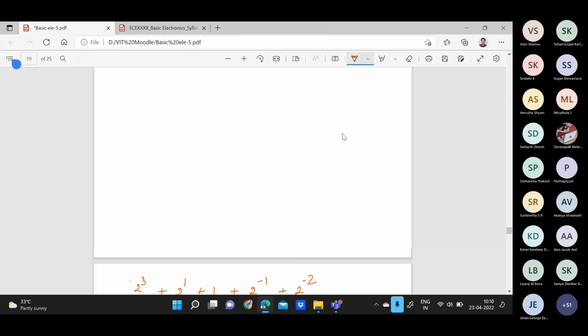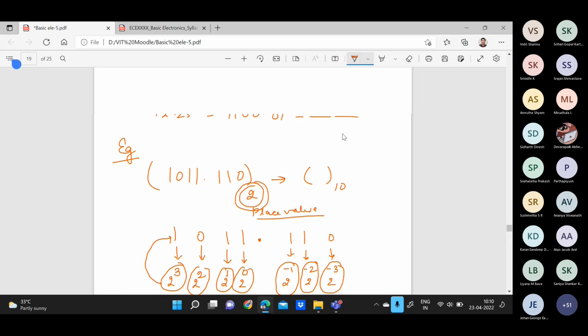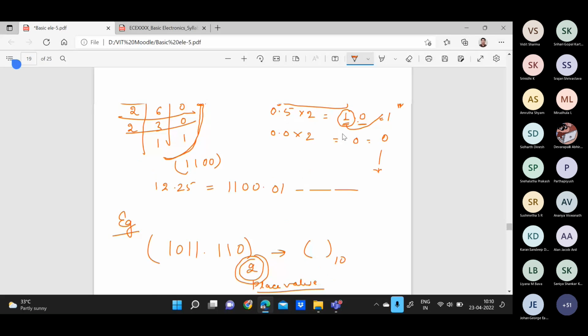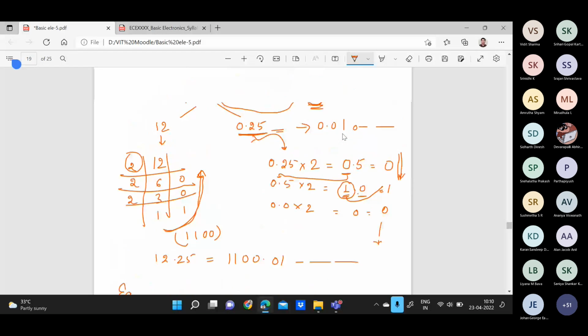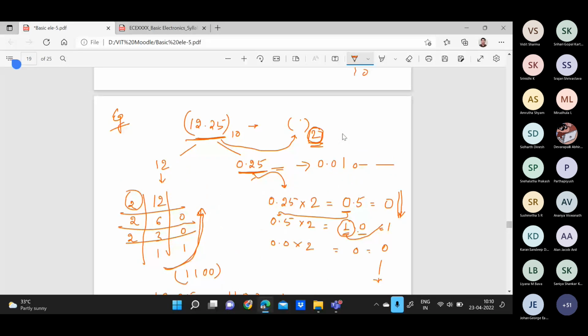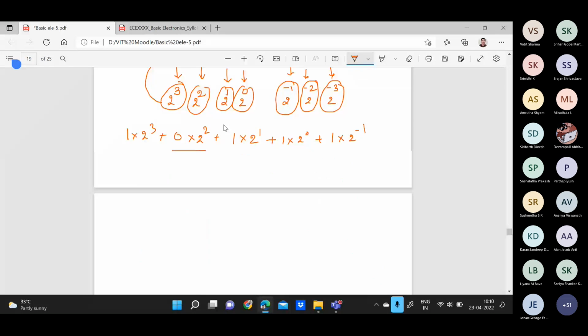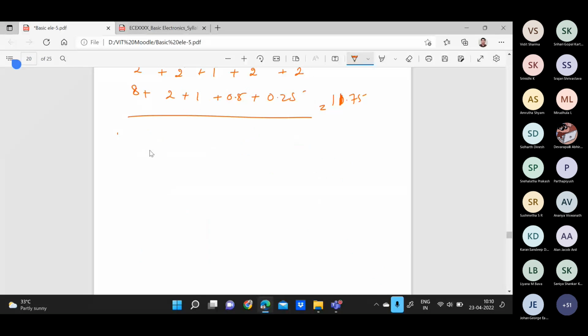Now you see what is the procedure, right? If you have any decimal number to binary, this is the procedure. That means we already saw the decimal number to binary form.